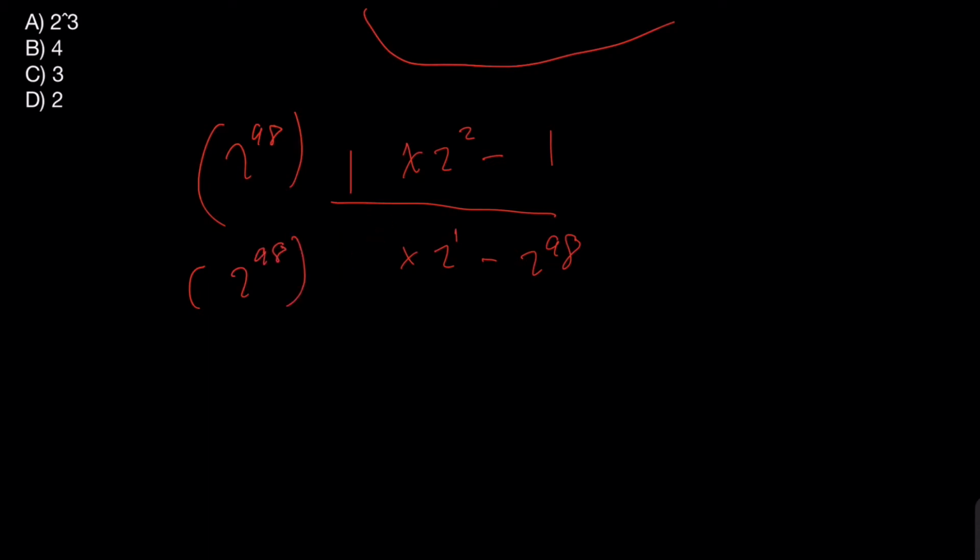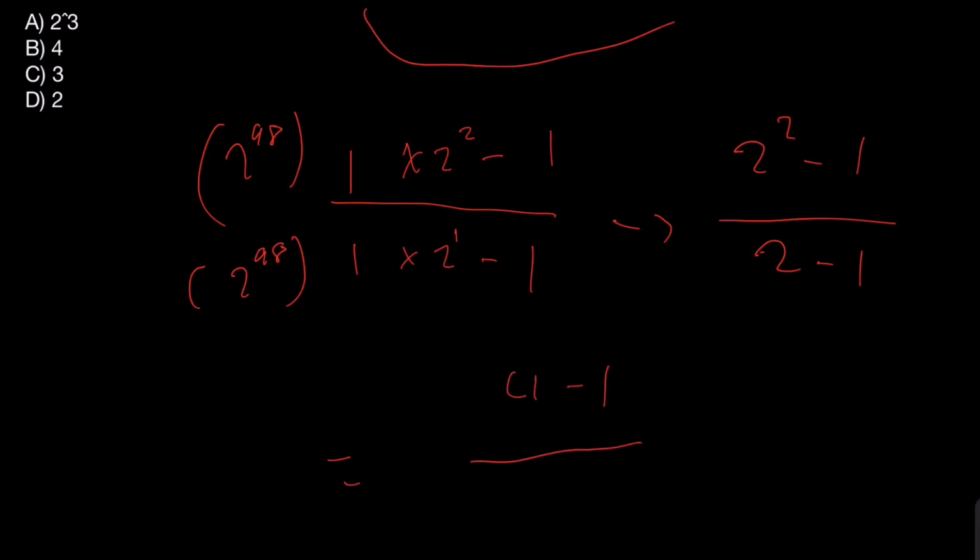This becomes 1. And this becomes 1. So what you end up having is 2 squared minus 1 over 2 minus 1, which equals 4 minus 1 over 1. And that's just 3 over 1, which is 3.